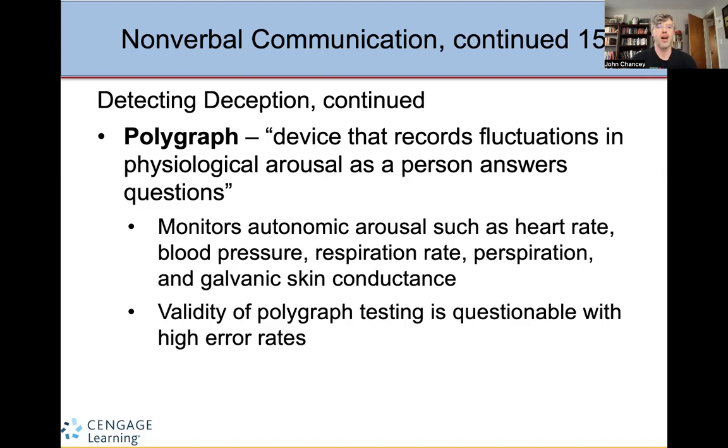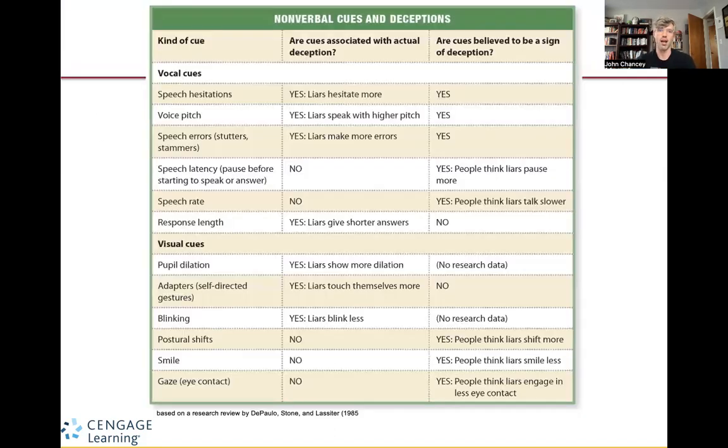These devices monitor your autonomic arousal: heart rate, blood pressure, breathing, perspiration, galvanic skin response, like are you sweating. The validity and reliability of these is highly questionable. There are lots of error rates, so we need to be really careful.